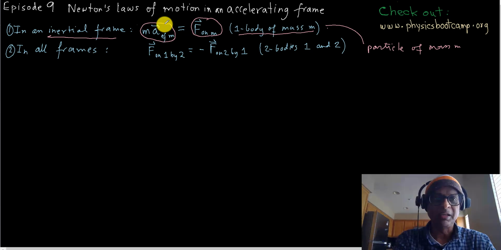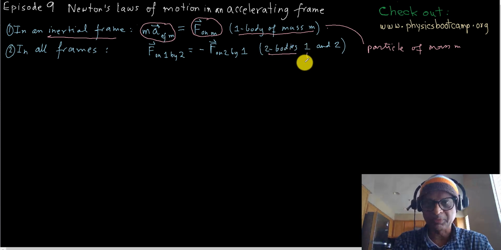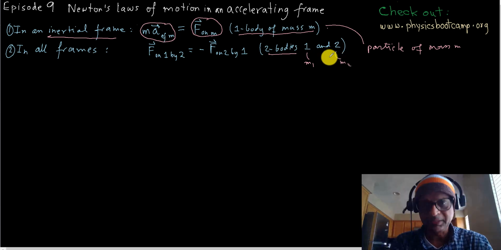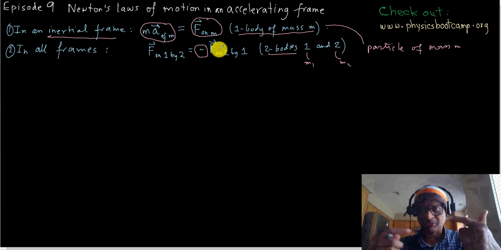And then Newton's third law of motion is about two bodies: this is a particle of mass m1, this is a particle of mass m2. You look at two particles or any two objects, and the force on 1 by 2 is the negative of the force on 2 by 1, meaning their magnitudes are equal but in opposite direction.